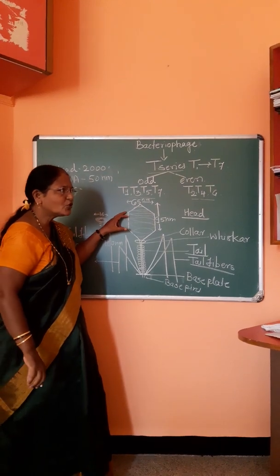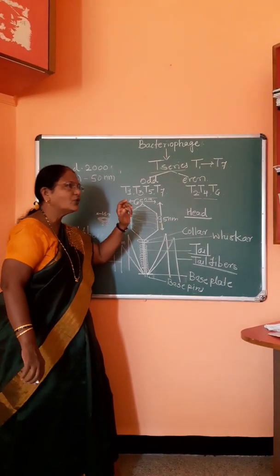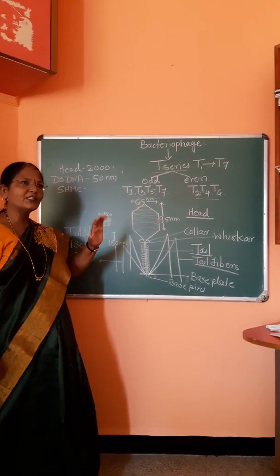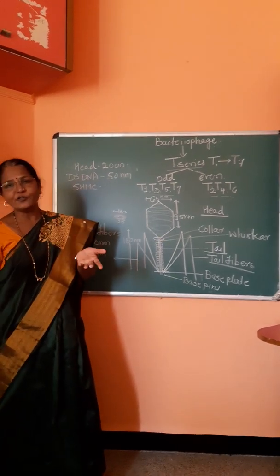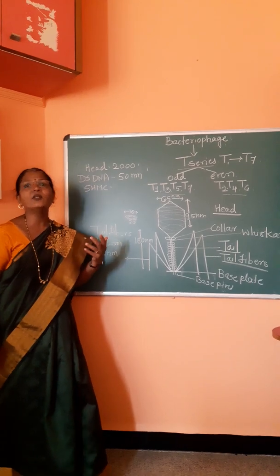So what is the structure of the head? 95 nanometer is the length and 65 nanometer is the width, and such a hexagonal head is present. The hexagonal head is also called an icosahedral head, or a polyhedral head.